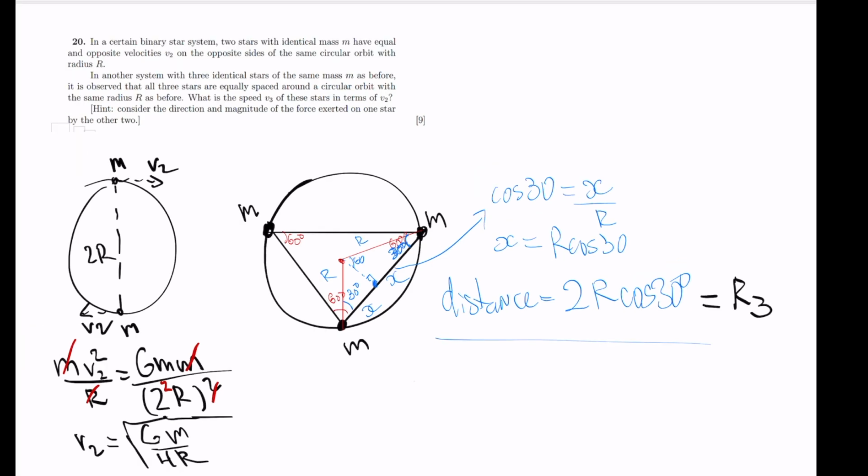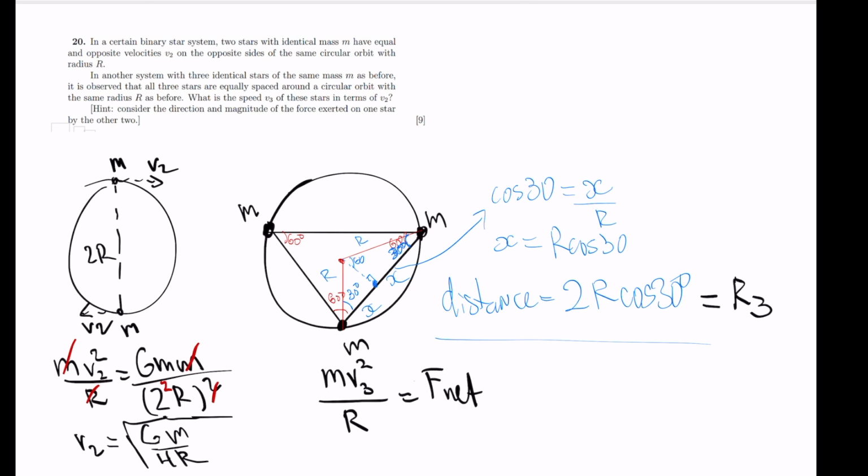So what I'm going to do is I'm just going to focus on one of these masses, m. So I'm going to say that mv3 squared divided by its radius of rotation. Now its radius of rotation will just be r, because the radius is unchanged in this particular orbit, will be given by the net force which acts on it.